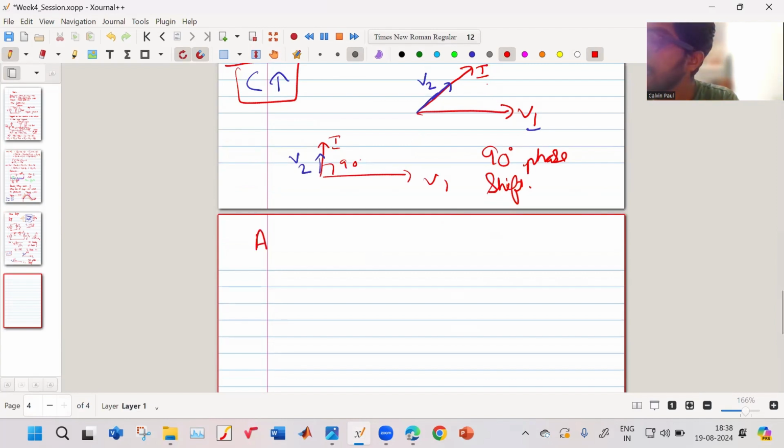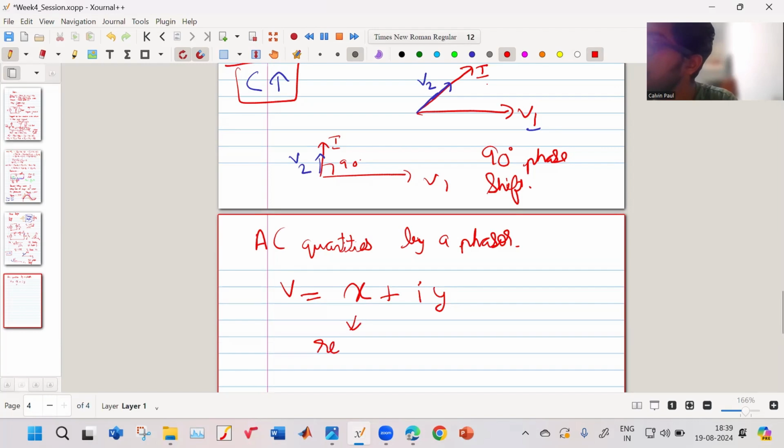So we represent AC quantities by a phasor. Like suppose we have certain voltage V, we can represent it as x plus jy, where x is the real part and y is the imaginary component.